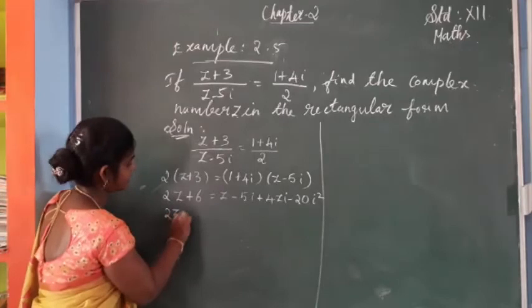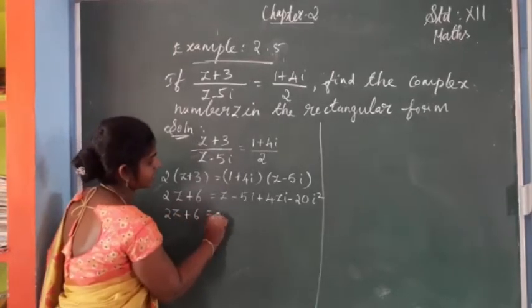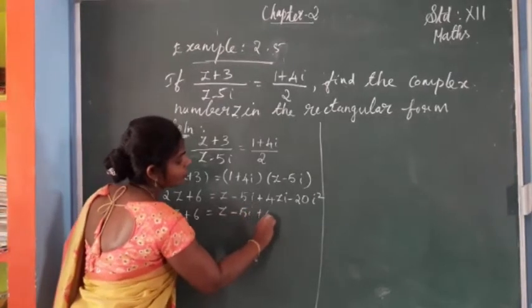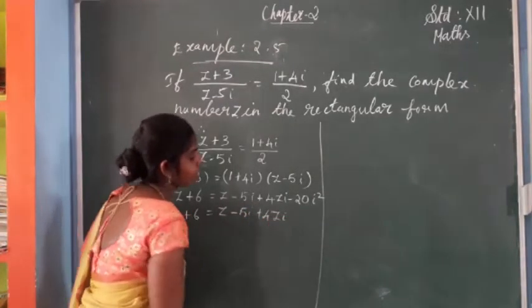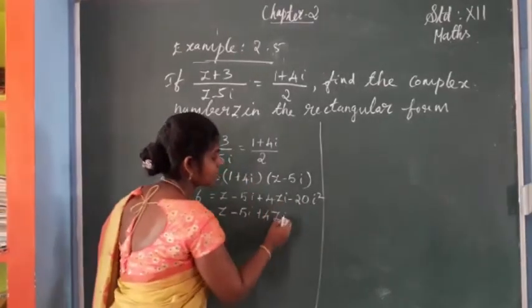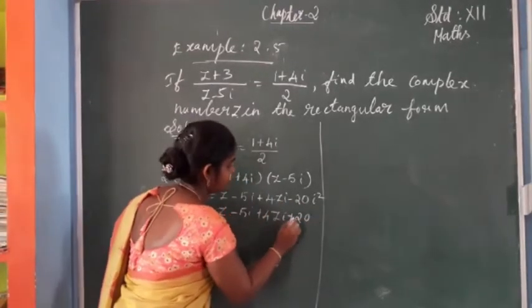So 2z plus 6 is equal to z minus 5i plus 4zi. The i square value is minus 1, minus 1 into minus, plus 20.